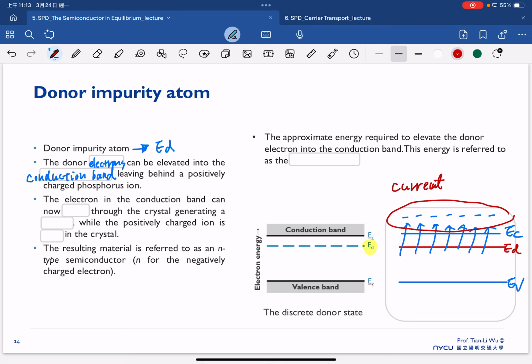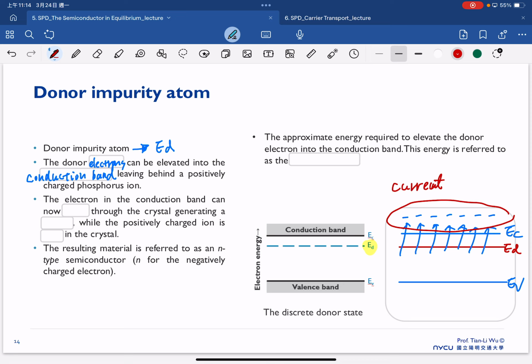So this is how we describe the current flow by using the band diagram theory, which considers the additional donor atoms here. So this is something where we try to transform the concept from the 2D lattice arrangement to the band diagram with the energy level ED consideration here.